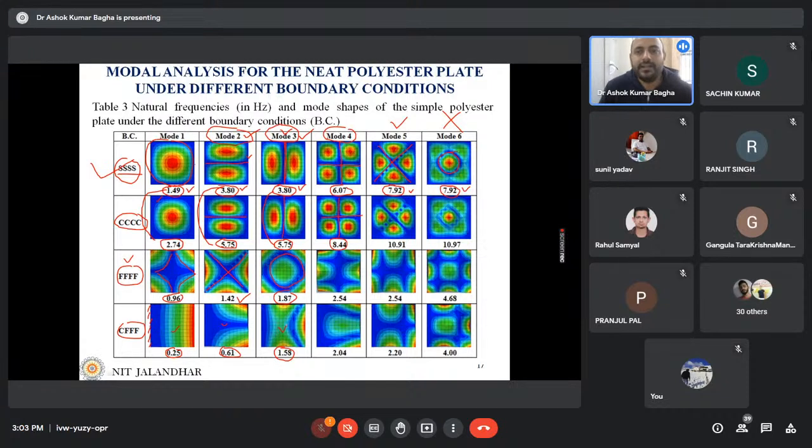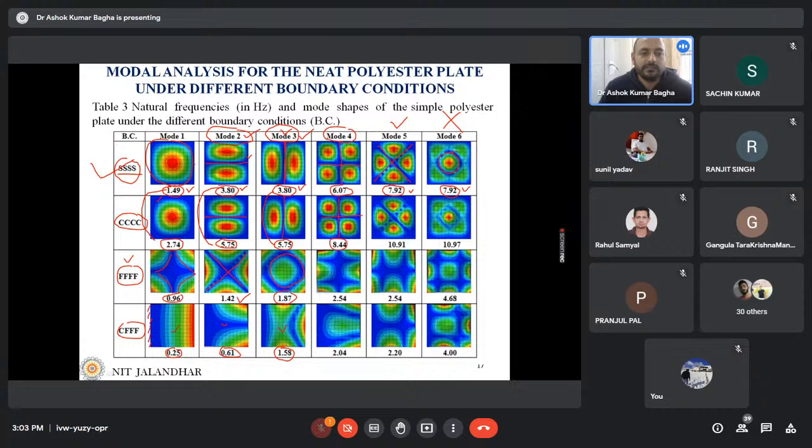Why is this slide here, and what is its advantage? For all the possible boundary conditions, you will observe that the natural frequency is not the same for a composite plate, and the mode shape is also different. When the plate is simply supported, the mode shape is different. When it is clamped, the mode shape is different.